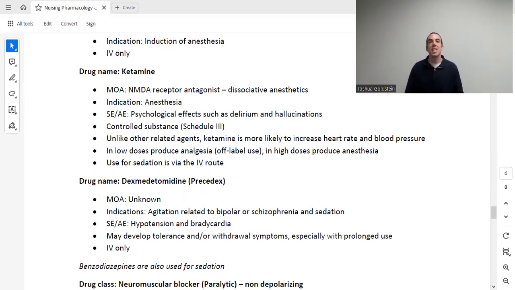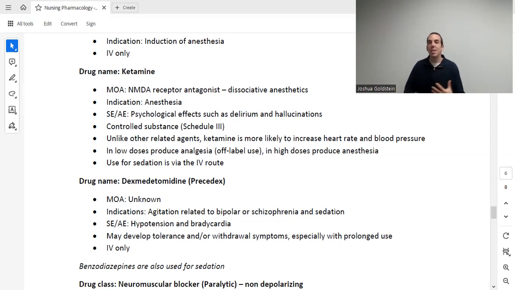The next drug that we have is ketamine. Ketamine is an NMDA receptor antagonist. It is also known as a dissociative anesthetic. This medication is used to induce anesthesia. It's also used for pain. The patient can have a lot of adverse effects, specifically something the layman's term for which would be a K-hole, where the patient becomes completely dissociative.